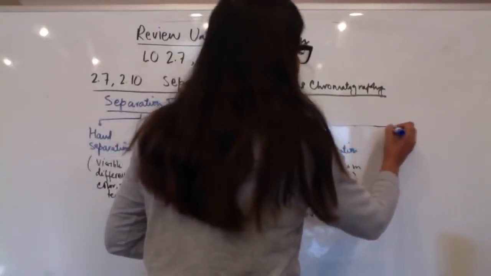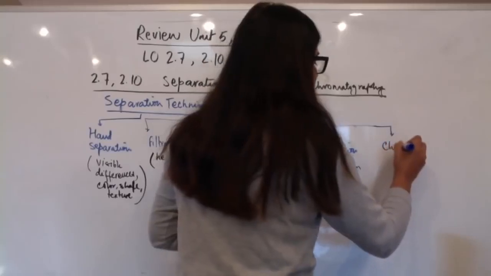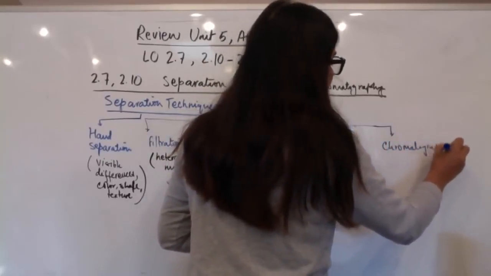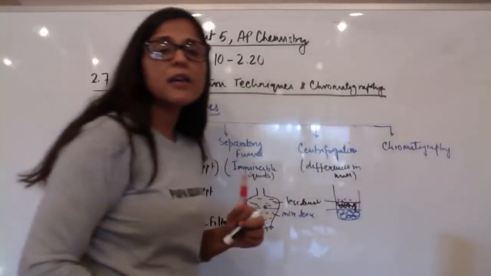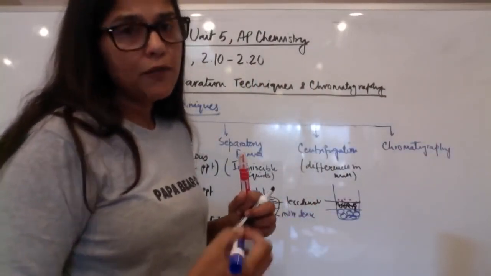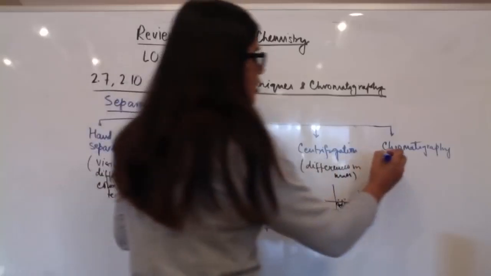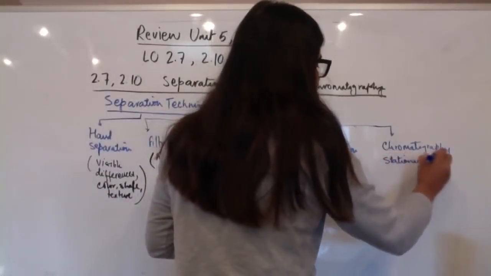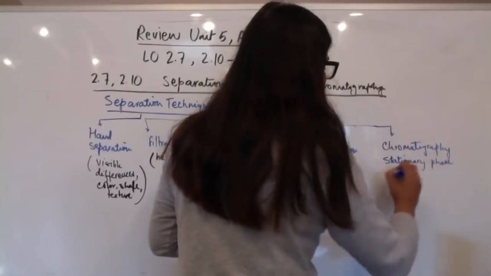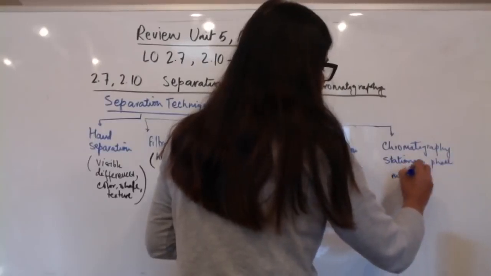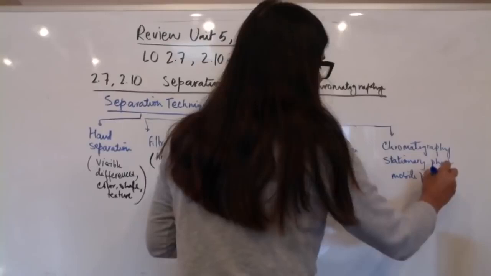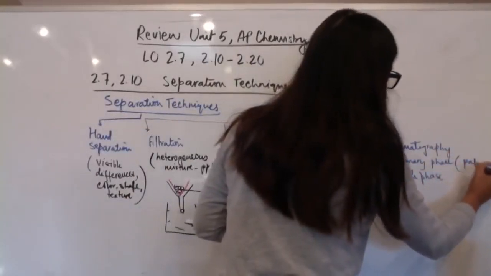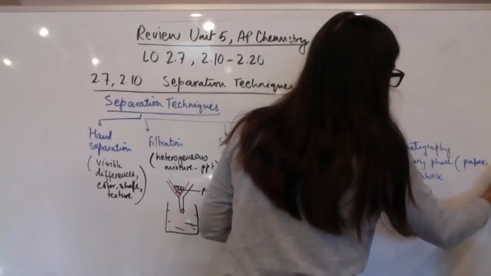And the last method is chromatography. Chromatography is a method that is used for separating a mixture of inks. And in this, you have a stationary phase and you have a mobile phase. So the stationary phase could be paper, could be a column.